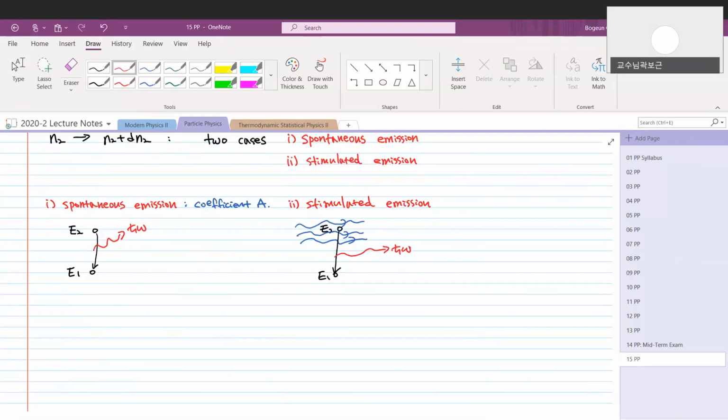Such stimulated emission occurs more frequently as the intensity of photons in the black body becomes larger and larger.